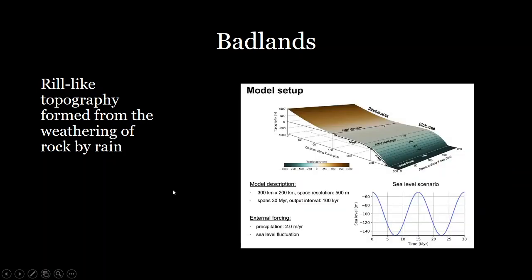We can see that these structures form a very predictable pattern. We have a mathematical model that prescribes a set amount of rainfall as well as sea level fluctuations. We can see as the model runs how these rills develop over time.